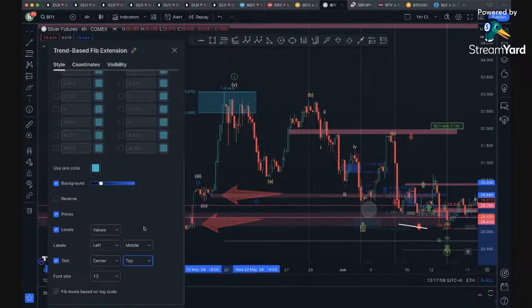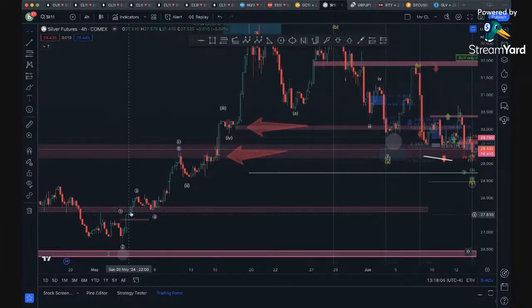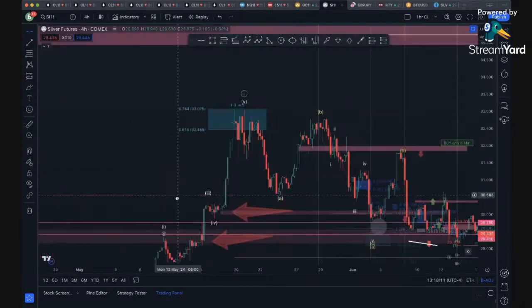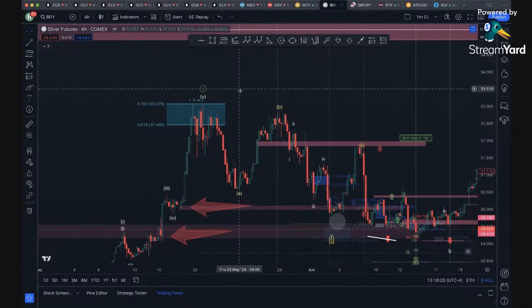And what it is referring to is the ratio of waves 1 through 3, the entire length of 1 through 3 versus the height of wave 5. That ratio is a very nice clue and guideline which helped me to expect a pullback.